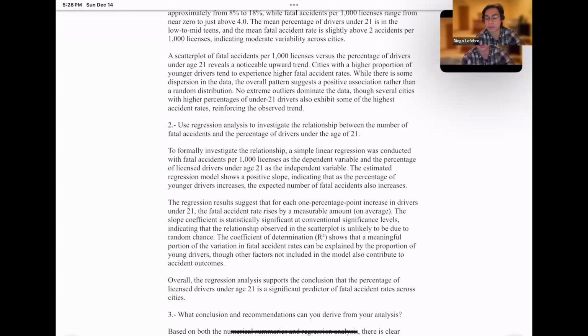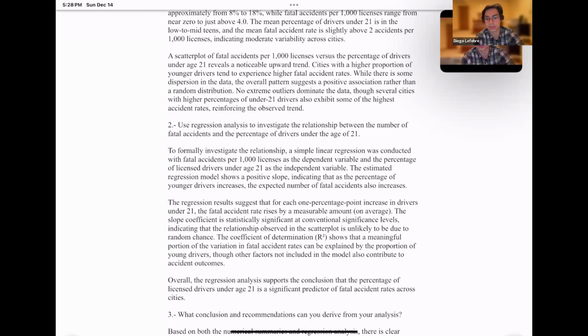We used a regression analysis to investigate the relationship between the number of fatal accidents and the percentage of drivers under the age of 21. To formally investigate this, we conducted a simple linear regression with fatal accidents per 1,000 licenses as the dependent variable and the percentage of drivers under 21 as the independent variable. The estimated regression model shows a positive slope, indicating that as the percentage of young drivers increases, the expected number of fatal accidents also increases.